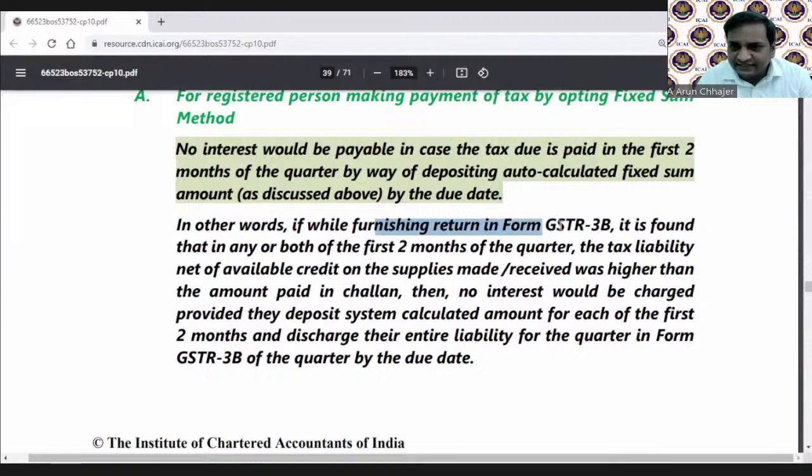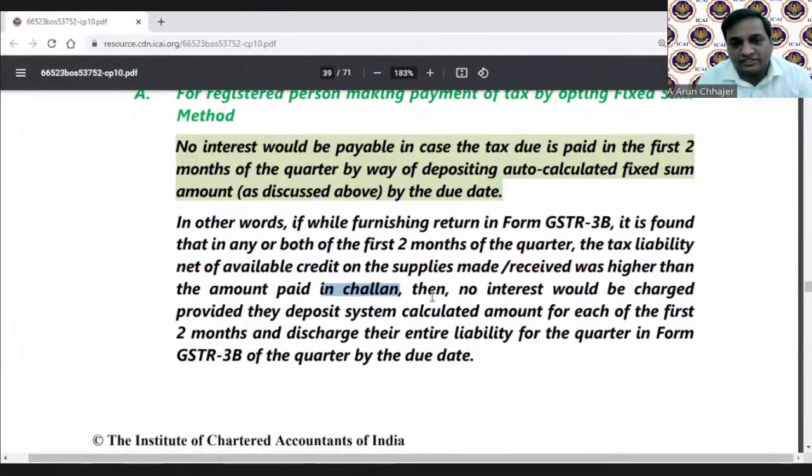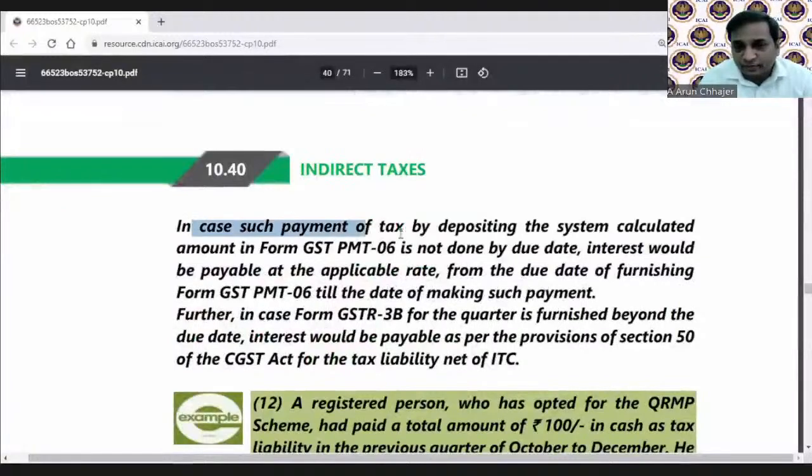While furnishing in 3B, it is found that for any or both of the first 2 months of the quarter, the tax liability net of the available credit was higher than the amount paid in challan, then no interest would be charged. In case such payment of tax by depositing the system calculated amount is not done by the due date, one participant was saying that we are not paying taxes monthly, we are paying quarterly.